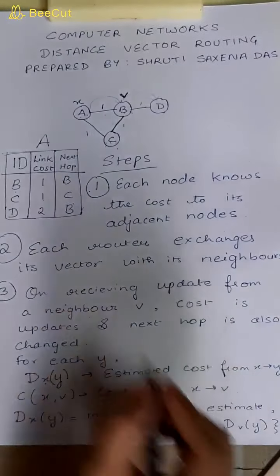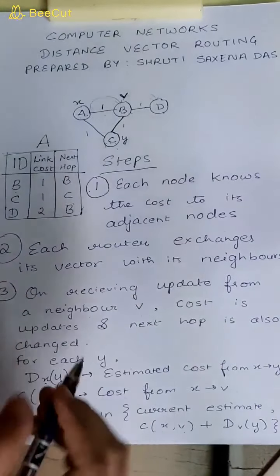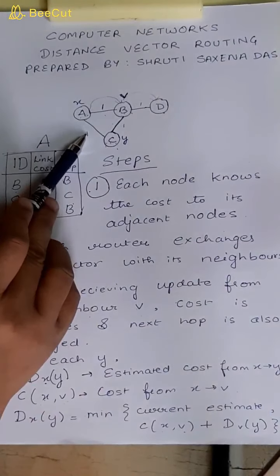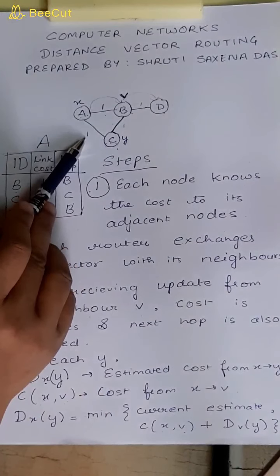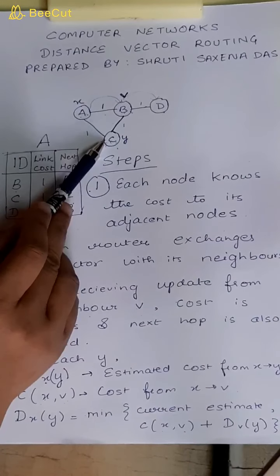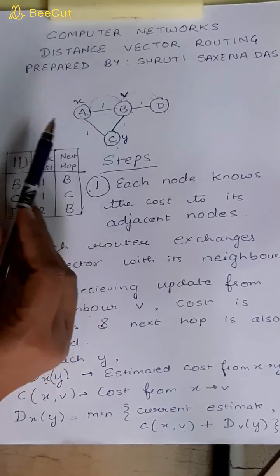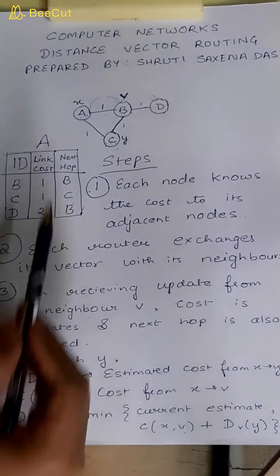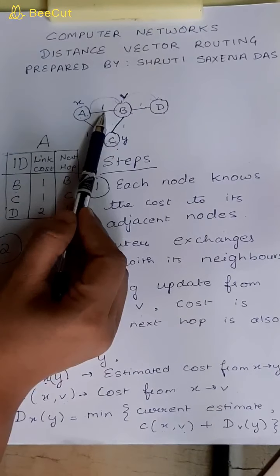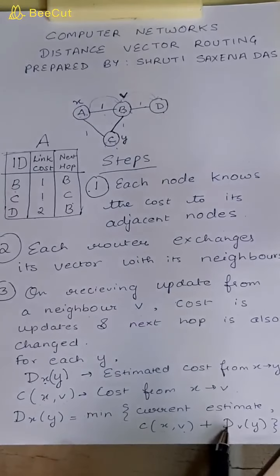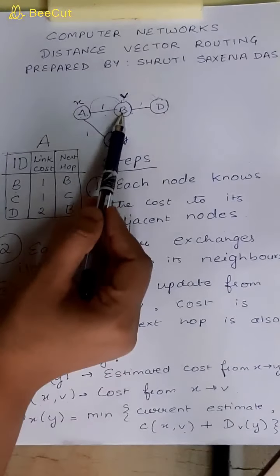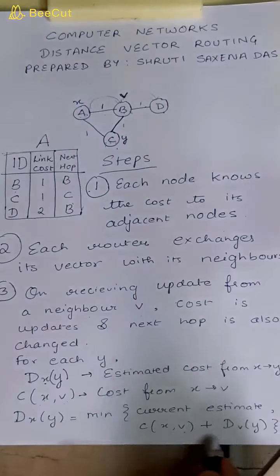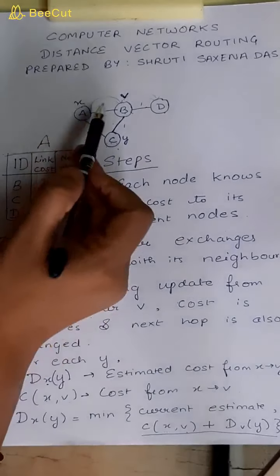For this y, we check the current estimate from a to c, where we have a direct link with cost 1. And there is one more route available, via x to v. x is a, v is b. So the cost of a to b, which is 1, plus the estimated cost of v to y. v is b and y is c. From b to y it is 1. So this will be 1 plus 1.